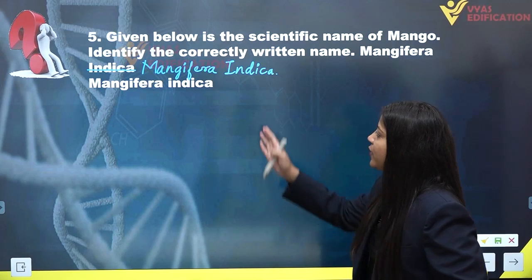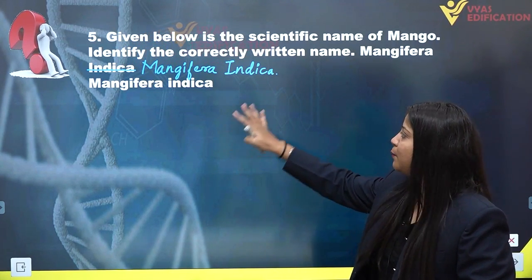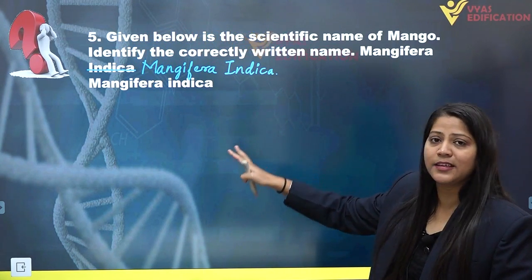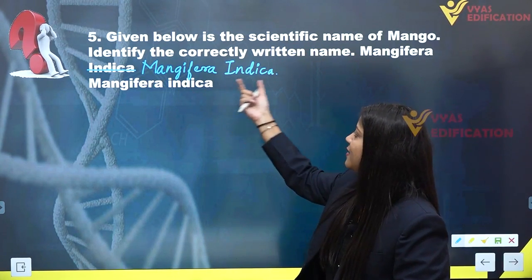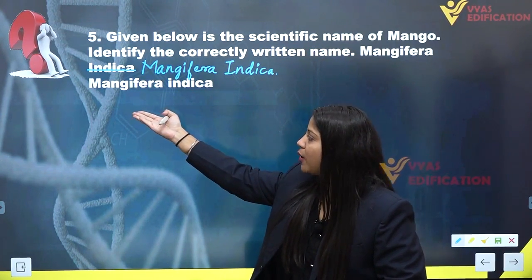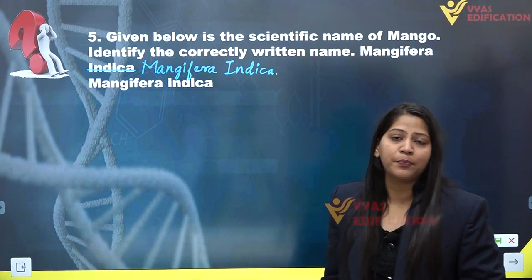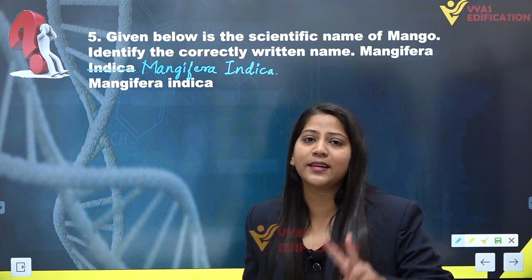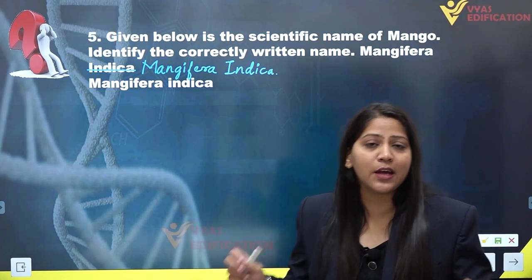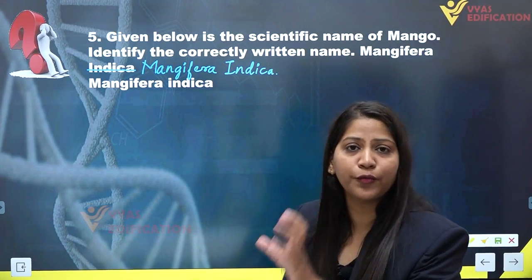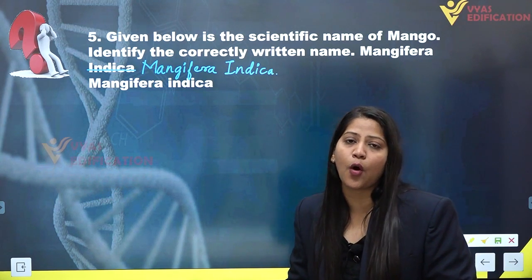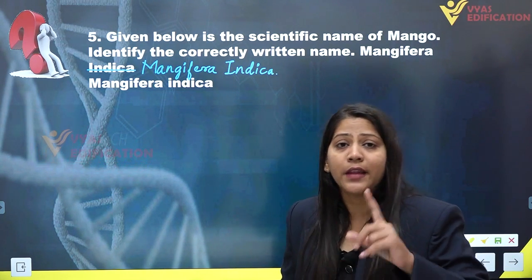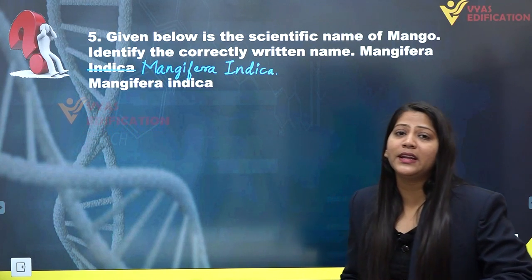So we have two options here, and both options consist of two words. First is Mangifera and the second one is indica. In this we already have Mangifera and indica. So we have two words in a scientific name of any organism. That is, the first word is the genus and the second one is the species or specific epithet. Now, what does the rule of nomenclature say?